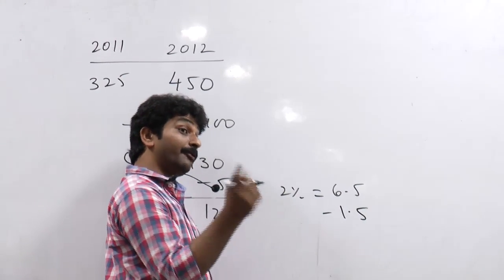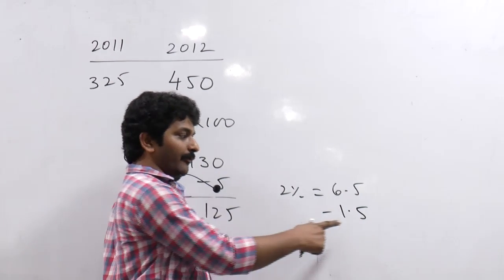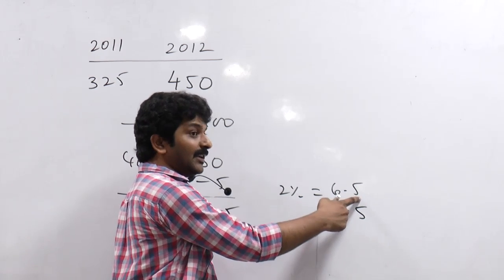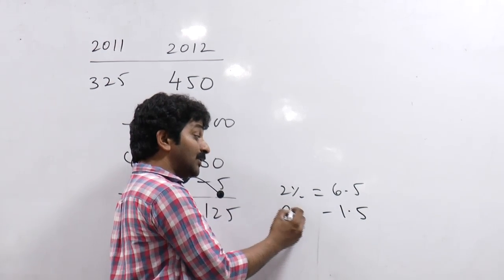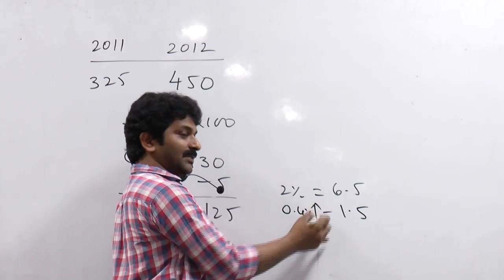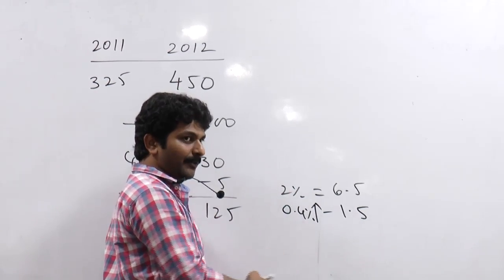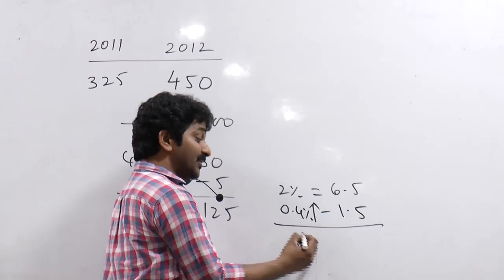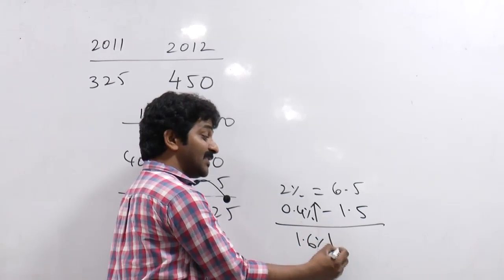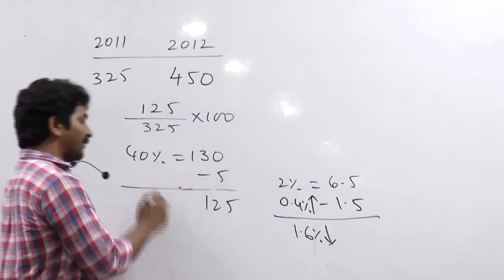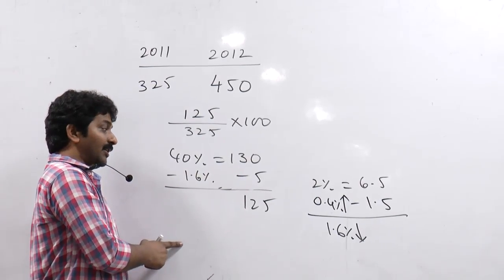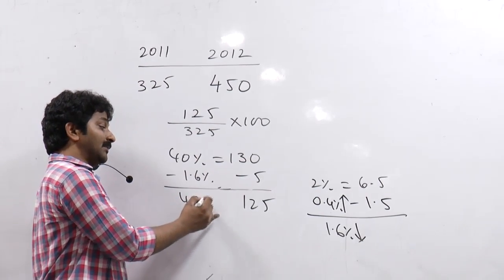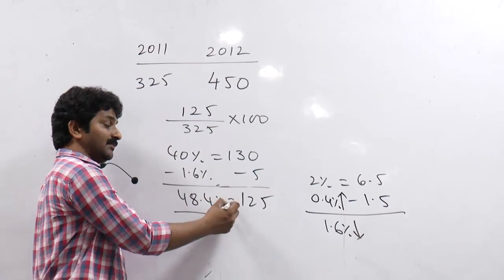What about 0.4%? 1.3. So you need to subtract more than 0.4. So in the sense you need to subtract less than 1.6%. If you subtract less than 1.6% from this, you will get 38.4 something.